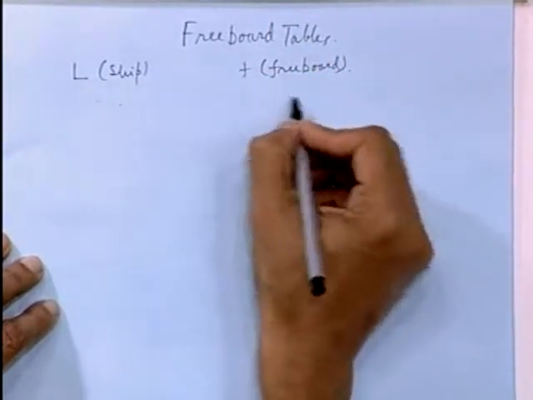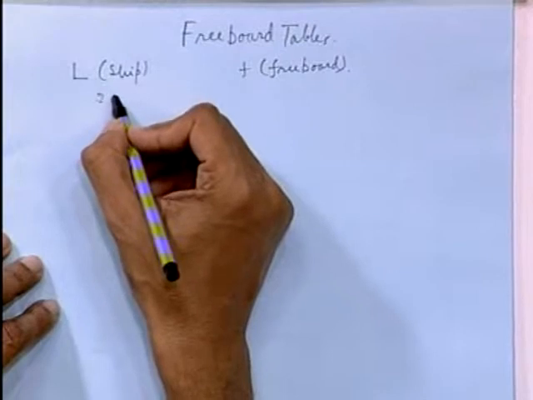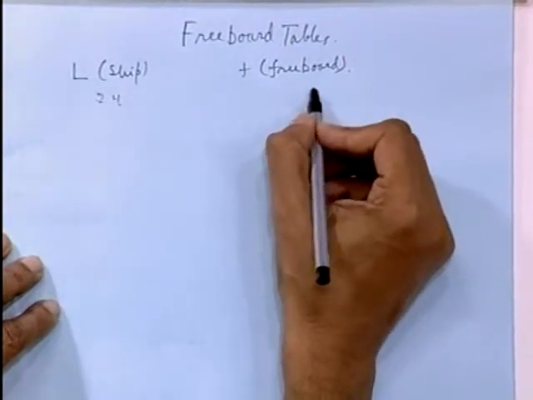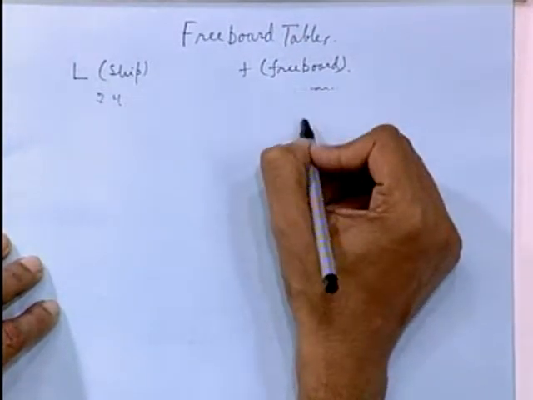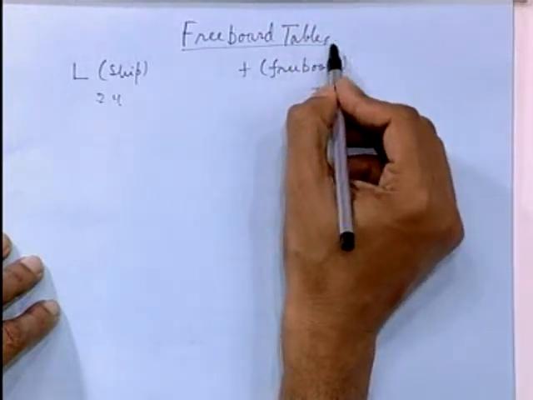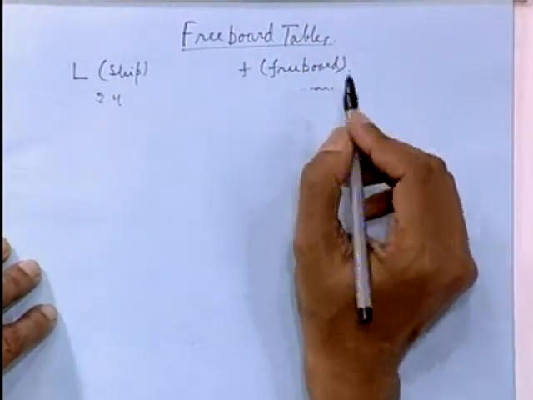These are given by ship length; it starts from I think 24 meters, and the freeboard is given in millimeters. So if you consult the freeboard tables, you will find it.